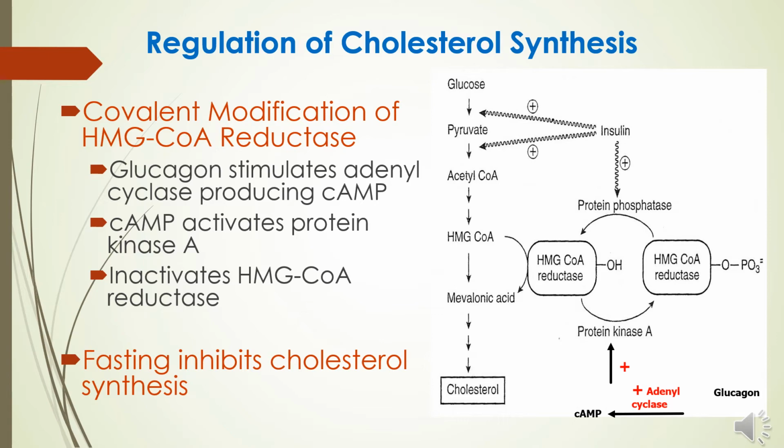Subsequently, cholesterol synthesis is reduced. This process is AMP dependent, so when ATP is reduced, there will be no need for cholesterol synthesis. So, we see that fasting is a good cholesterol lowering strategy where the hydroxymethylglutarate CoA reductase activity is reduced.